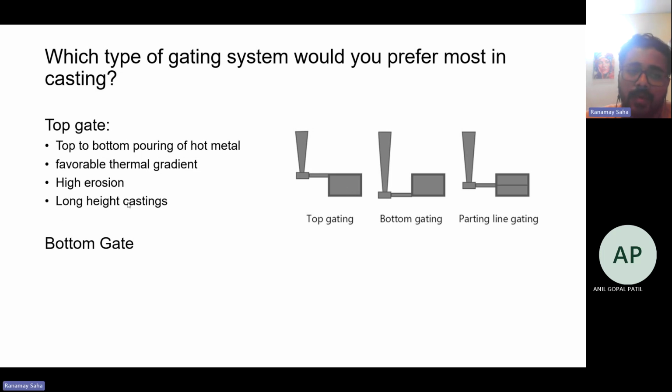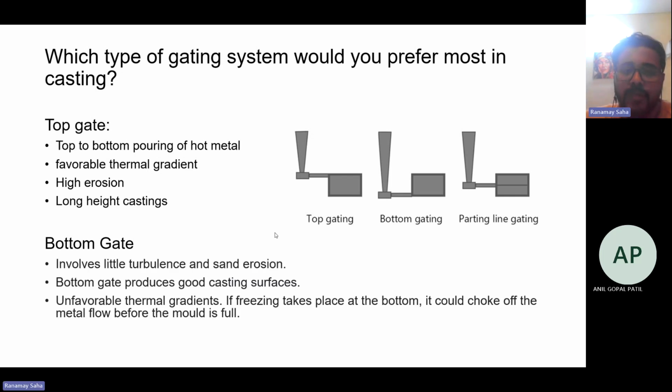Then long height castings: in case of very long height castings, top gating systems are very unreliable because of the very high speed of the molten material. Erosion becomes too severe to get any favorable result.